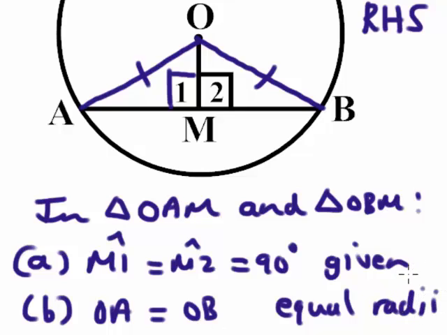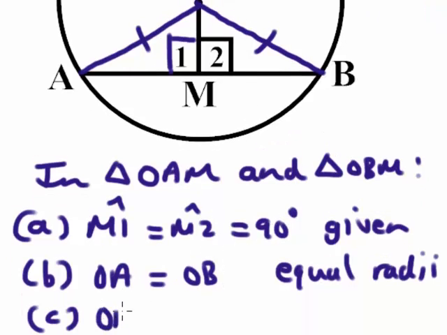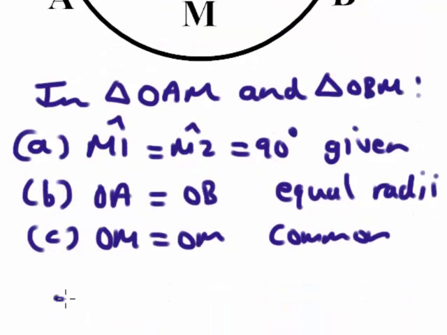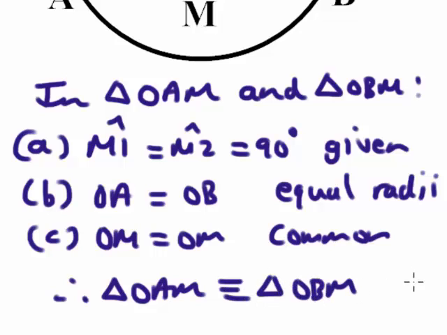And we also know that OM is equal to OM, common shared side. This automatically tells me that triangle OAM is congruent to triangle OBM. The reason being right angle hypotenuse side.